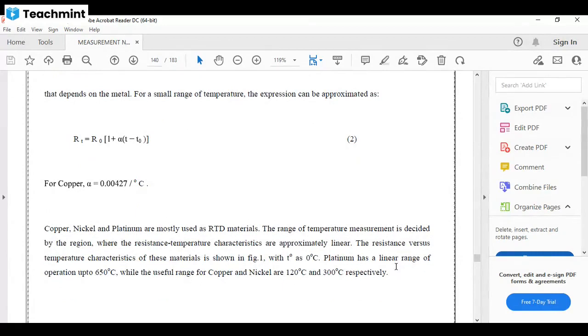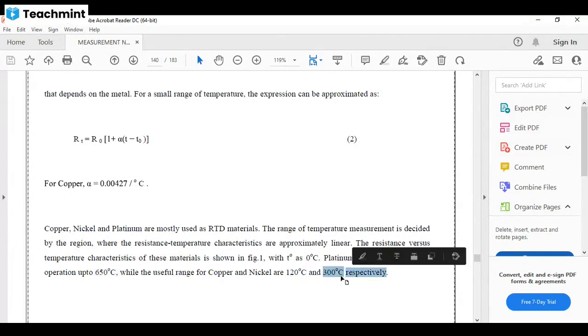Platinum has a linear range of operation up to 650 degrees centigrade, while the useful ranges of copper and nickel are 120 and 300 degrees centigrade respectively. So platinum, with the highest range of 650 degrees Celsius, is used as an RTD material for measuring temperature, compared to copper at 120 degrees and nickel at 300 degrees.